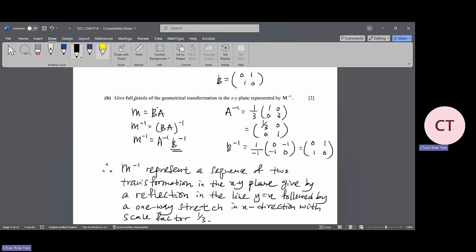Done. So these are the two transformations that are important for us. Make sure that you describe the transformations carefully. So this is the answer for number 5B.